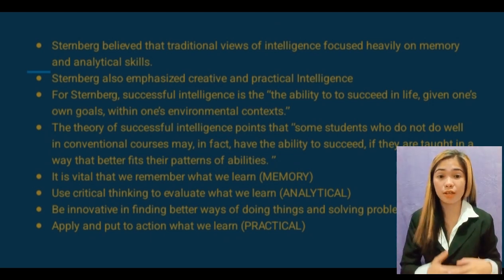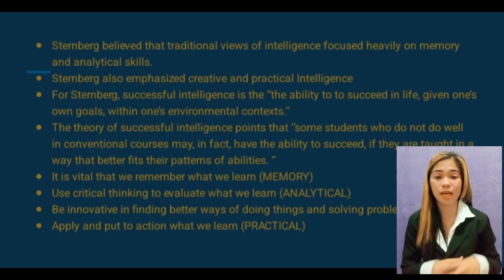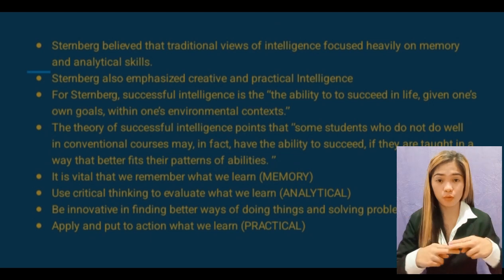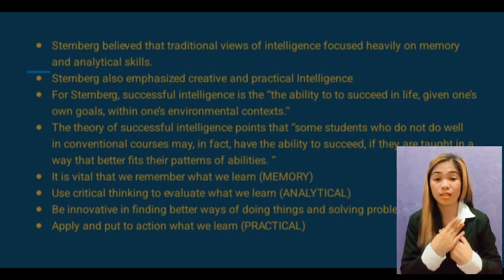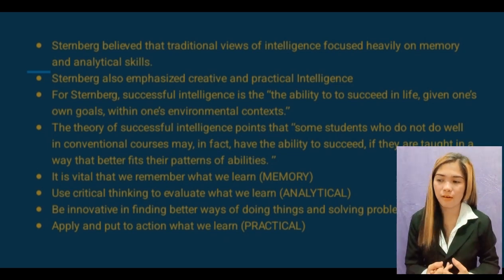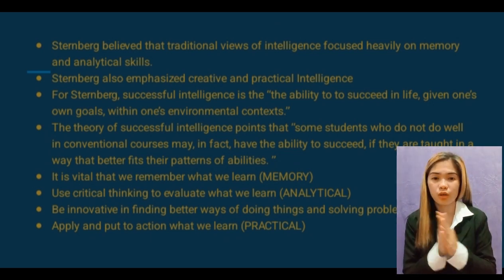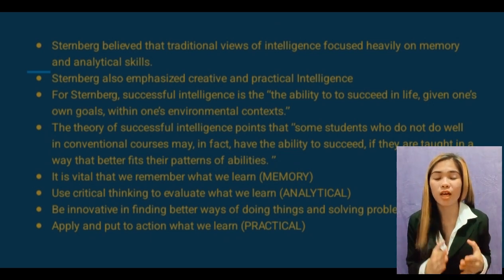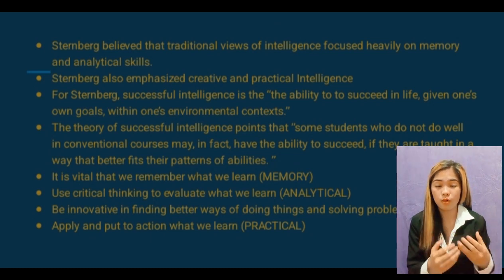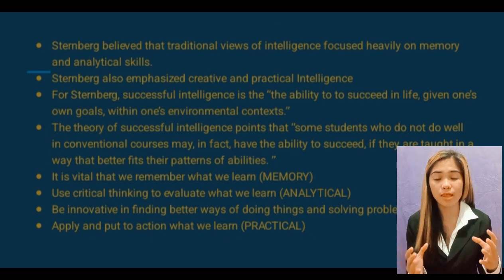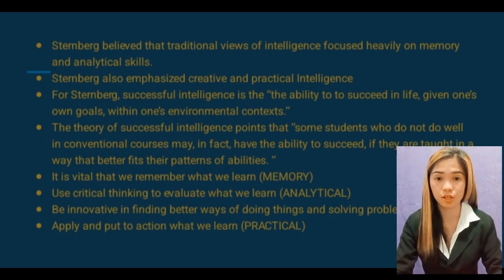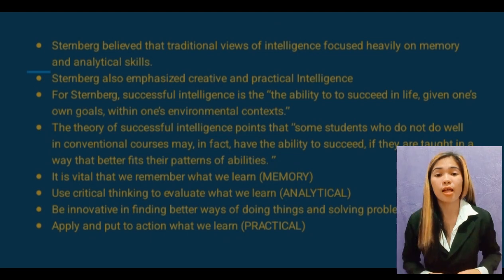And it is understood that these four skills mentioned here in the successful intelligence theory interact with each other, and these four skills are vital for us as a person: to have memory, to retrieve what we have studied, to think analytically about what we are going to do, and to be creative and apply the cognitive processes into action, and that is the practical skills.